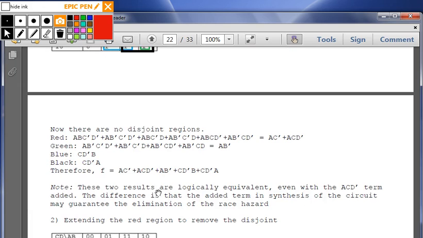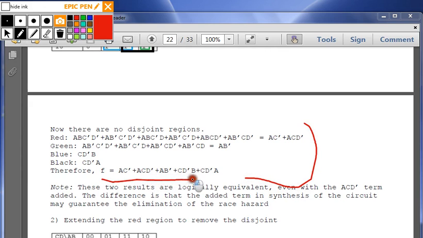These are now the reduced equations, and this was the resulting equation. The red was A C naught or A C D naught. The green area is A D naught. The blue area is C D naught B. And the black area is C D naught A because I made that little stretch at the bottom. So that's one way of doing it.